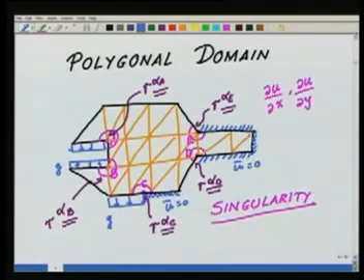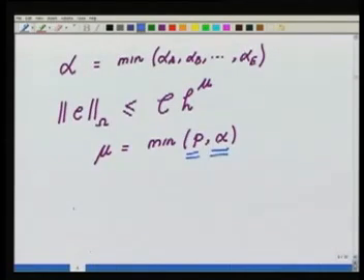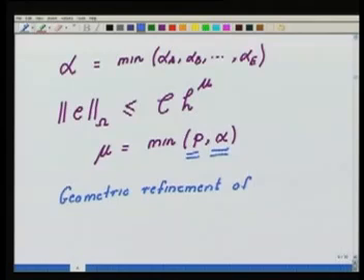It will not be captured by just raising the p, but you have to refine the mesh. And what we are going to do is a so-called geometric refinement of the mesh in the vicinity of corners.